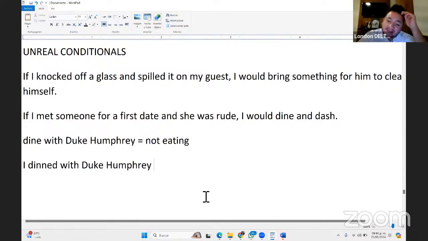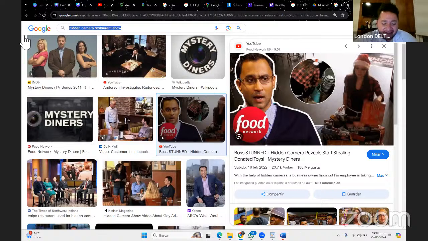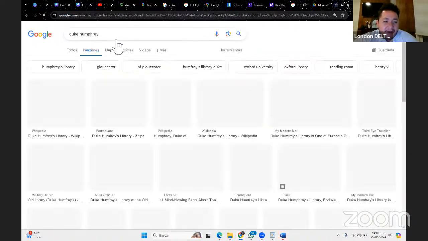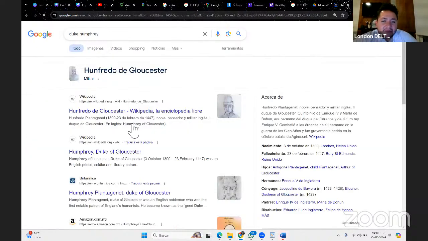So this is the story of a man who, while visiting the tomb of Duke Humphrey of Gloucester, was locked in the abbey and missed dinner. It's a story that no one knows, but the person went to see the tomb of this king, and he was locked inside, and then he didn't have dinner.